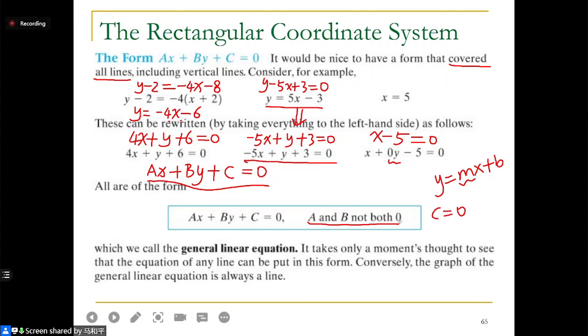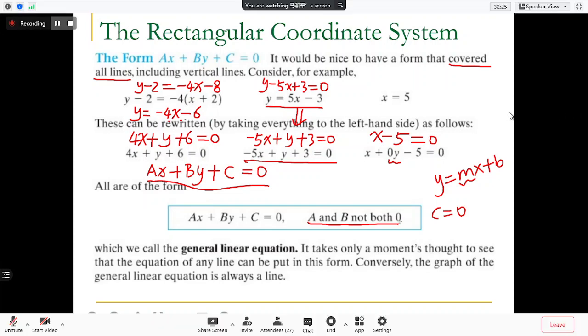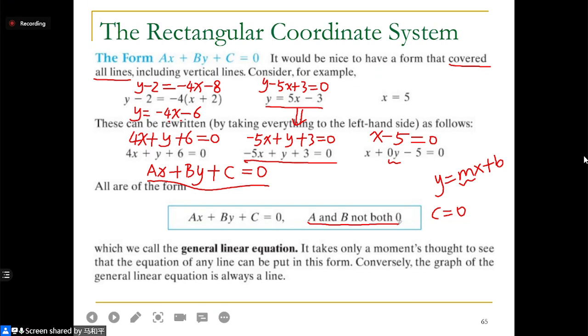Conversely, the graph of the general linear equation is always a line. This means if we write the equation like this, the graph of this equation is always a line. And any line, no matter straight line or vertical line, can have its equation written in this form. So this is called the general linear equation.